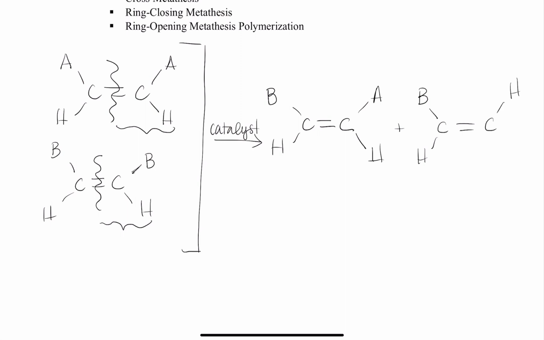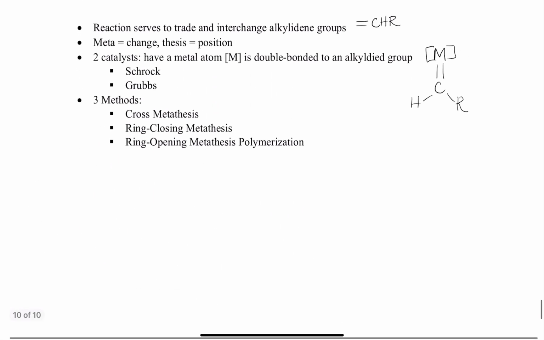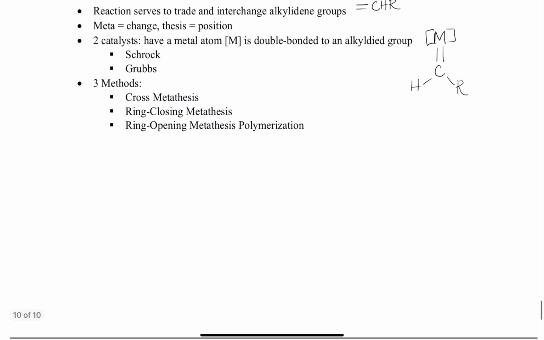It's very general, kind of very vague, which is why I'm glad there's not really any arrow pushing with this reaction, because it's a little funky. But what should really stand out with olefin metathesis is definitely your catalyst, Schrock and Grubbs.